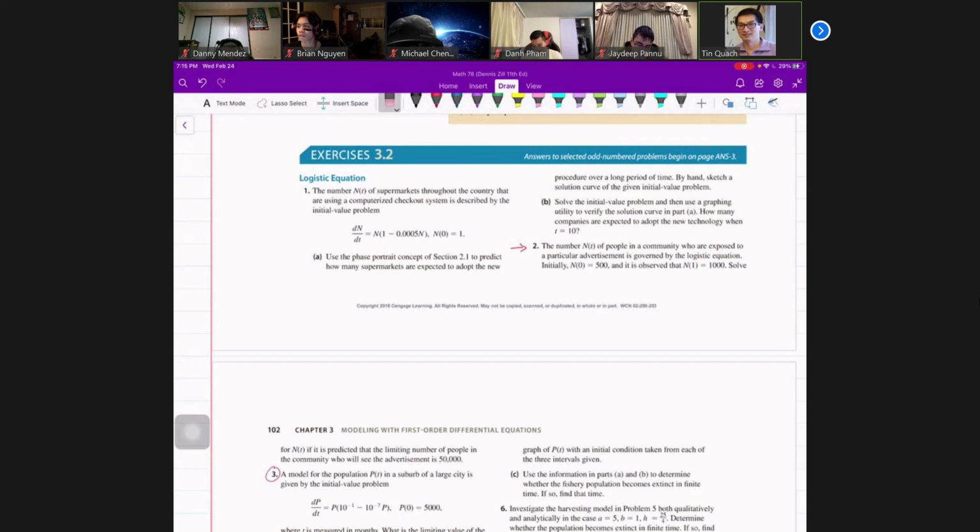So it says the number n of people in a community who are exposed to a particular advertisement is governed by the logistic equation. Okay, so you have to use a logistic model, right? Initially, n of 0 is 500, and it is observed that after one, in this case, what is the time?